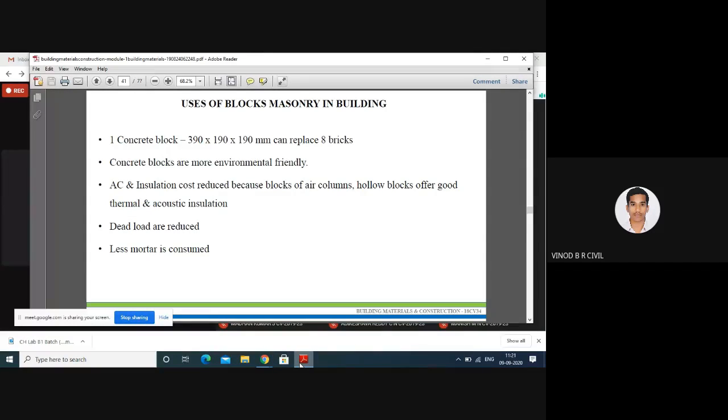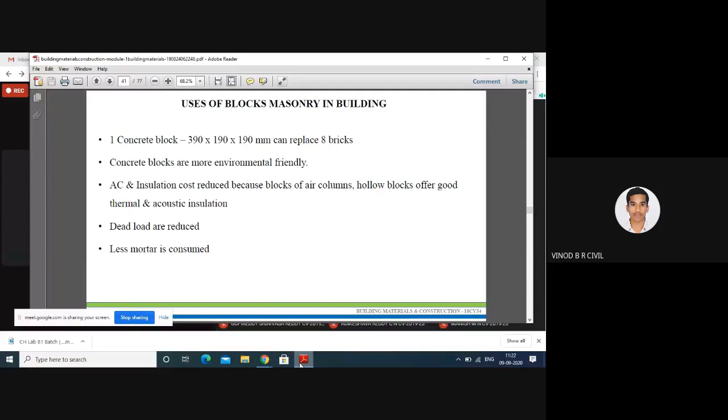How much energy is saving, how much work progress we can expect, at the same time what is the labor cost, and what about the material cost, especially the mortaring work or plastering work, where we are using more material for the clay brick or red brick, now we can minimize. And next one is concrete blocks are more environmentally friendly compared to other types of blocks.